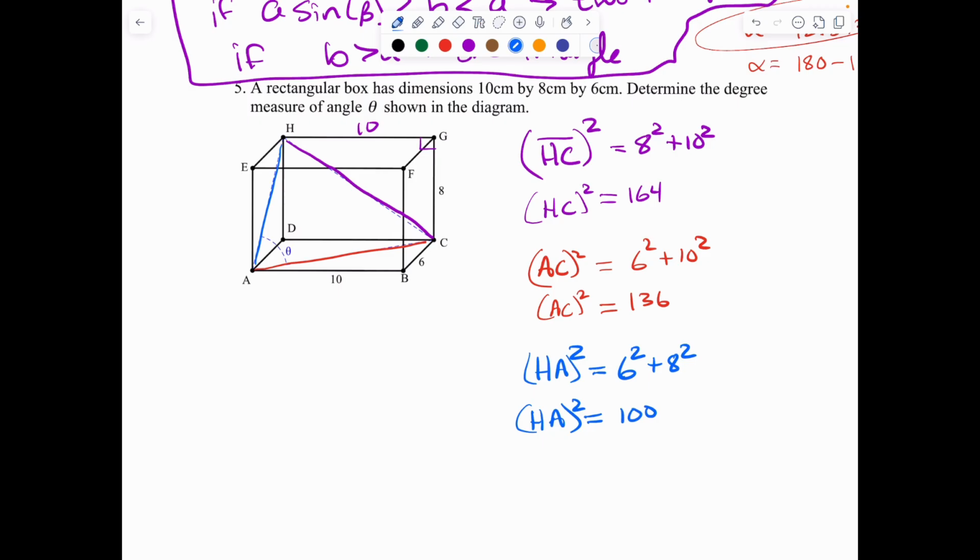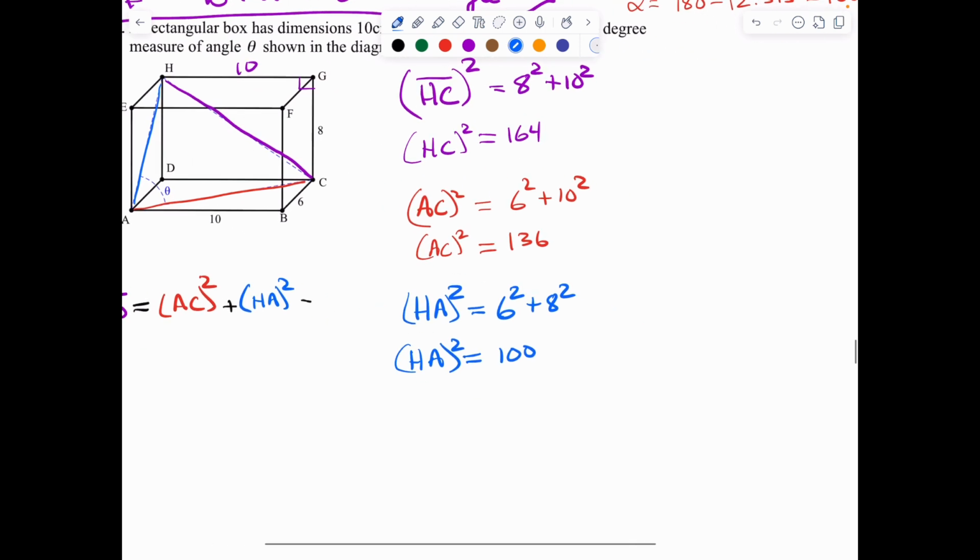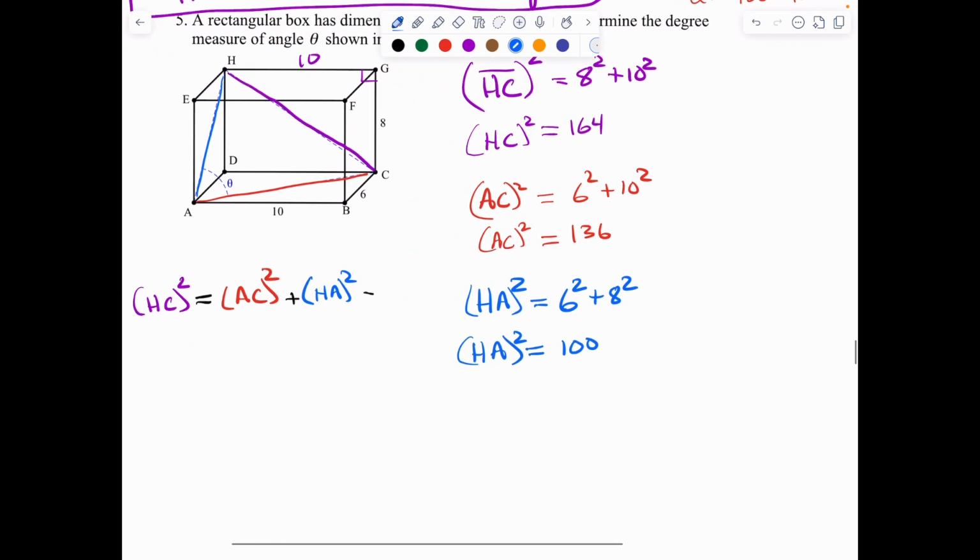Now, that angle is part of this triangle, the multicolored triangle. So I'm going to use the law of cosines. Specifically, the opposite side squared is going to equal the 2 adjacent sides squared. Oh, I just realized I do need the square root for this next bit.